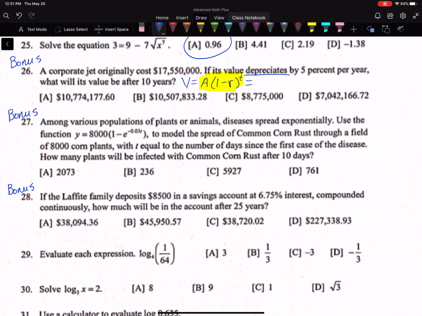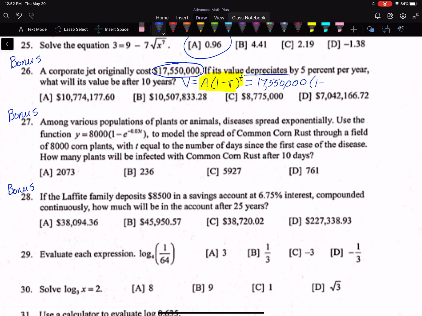So what's the amount that we're starting out with? 17,550,000. That's a lot of money. 17,550,000 times 1 minus, what is our rate? 5%.